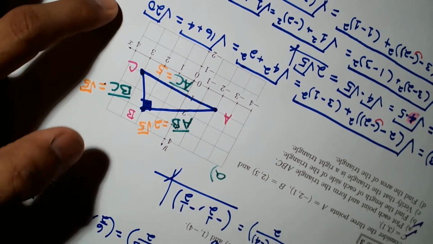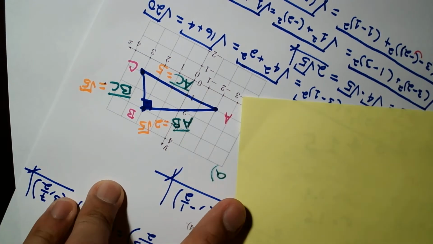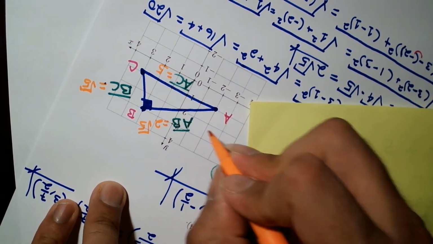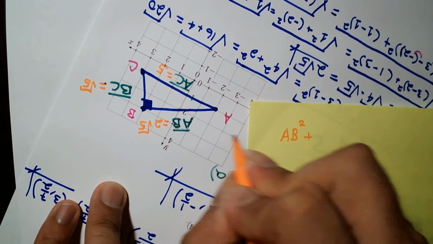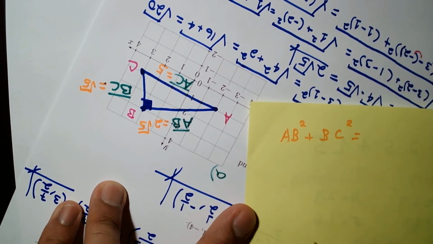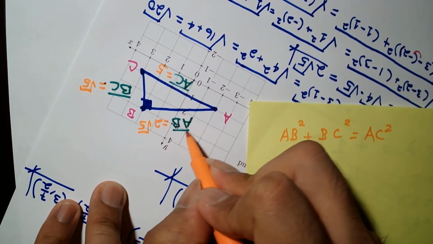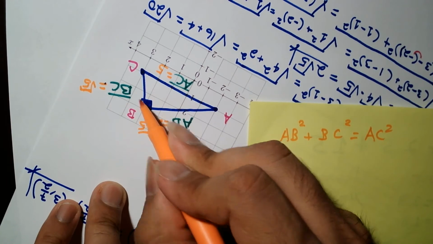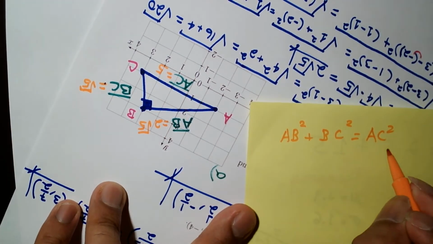So for our purpose, this is going to be our AB squared plus BC squared equals AC squared. So that's going to be the sum of the squares of the sides equals the length of the hypotenuse squared.